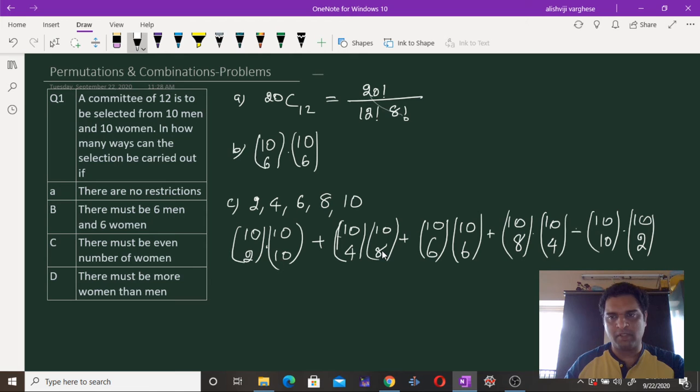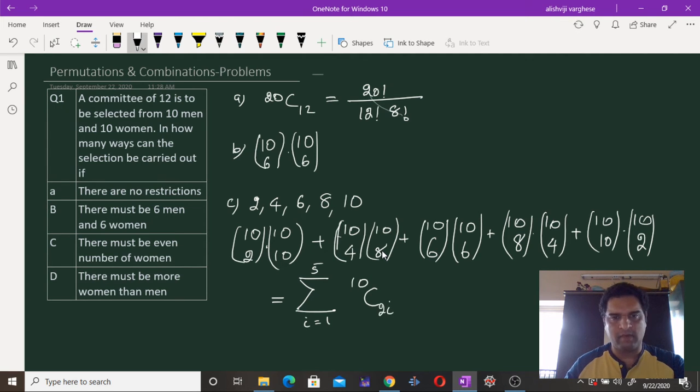We can express this as a summation, say i varies from 1 to 5, 10C2i into 10C(12 minus 2i).